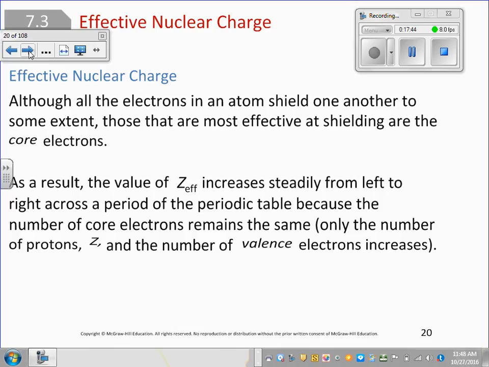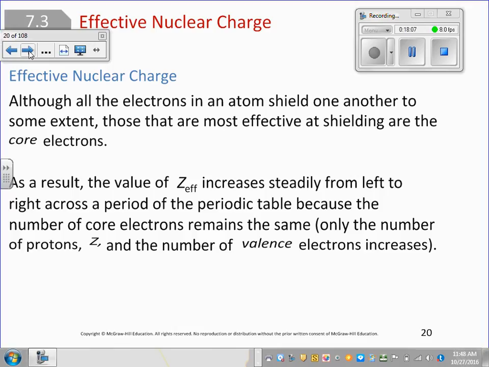So what is its effective charge? So this is -1 and a +1. Now we have -1 and +2. So it's greater. So as we go from left to right across the row, we're not increasing the shielding, but we are increasing the positive.